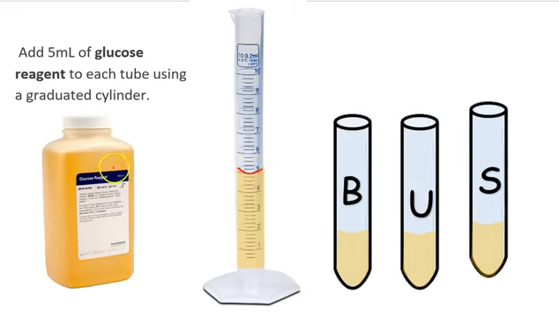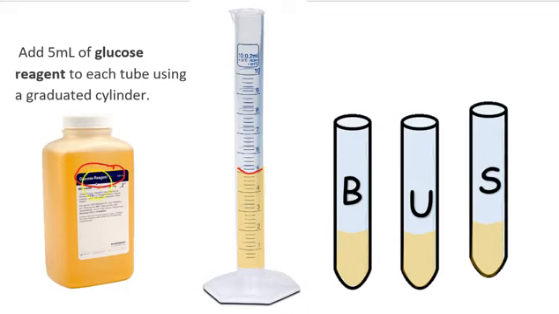So what is the glucose reagent? As I mentioned before, we are using glucose reagent to confirm the presence of glucose in our unknown solution, and then we can go ahead and measure the absorbance by using the spectrophotometer.